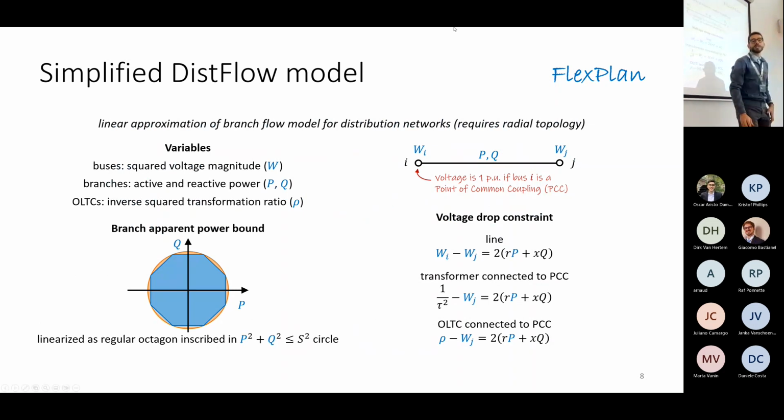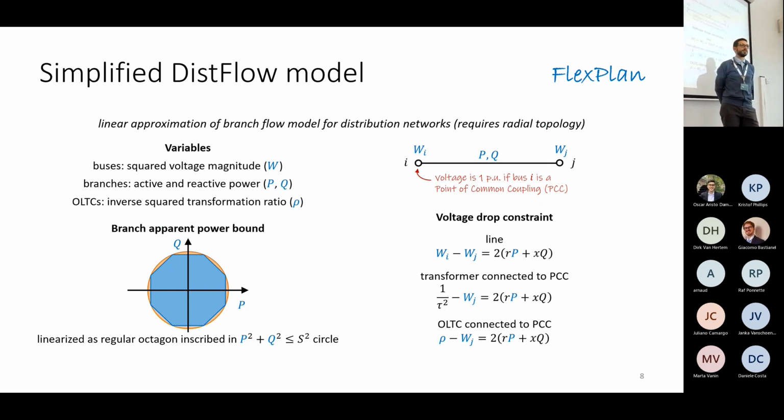Again, with modeling, the package can use other existing power flow models. We'll talk more about the implementation later. I just wanted to put this slide to say that we had to include also an extension of the simplified DistFlow model.